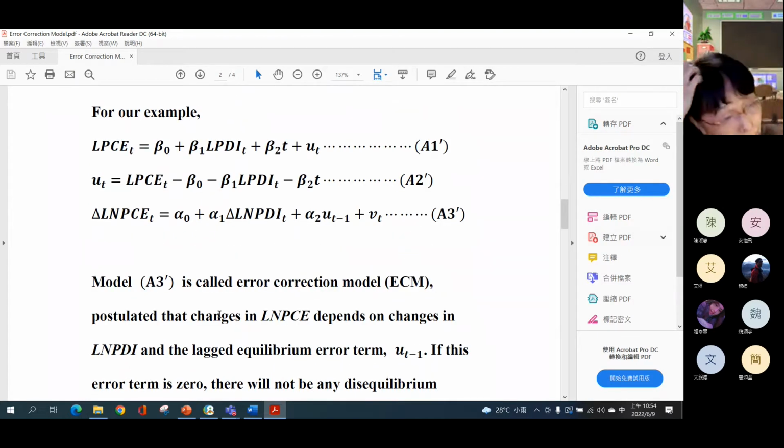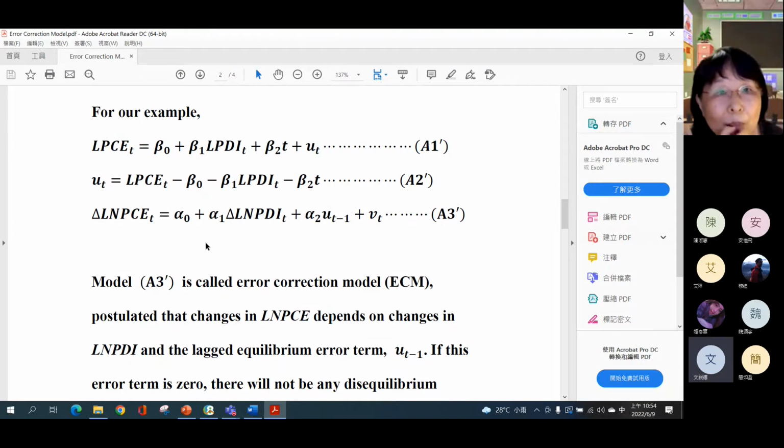Remember that Granger causality, we talked about it in 12.3, maybe. Let me see from our textbook. 12.4, Granger causality.